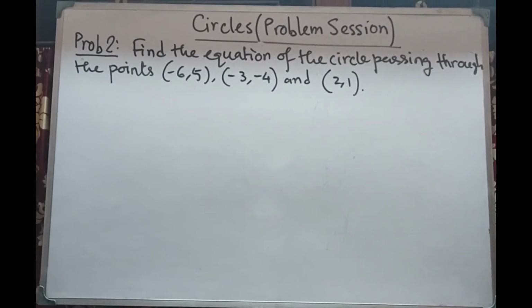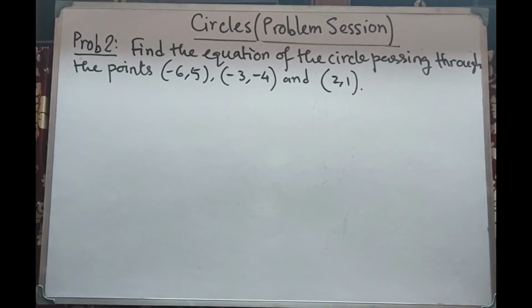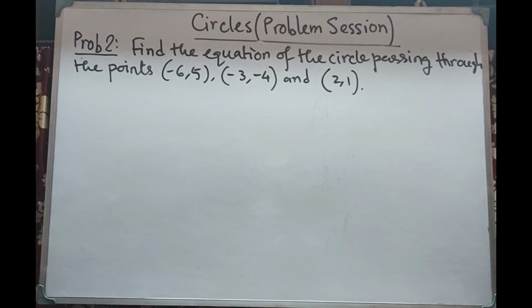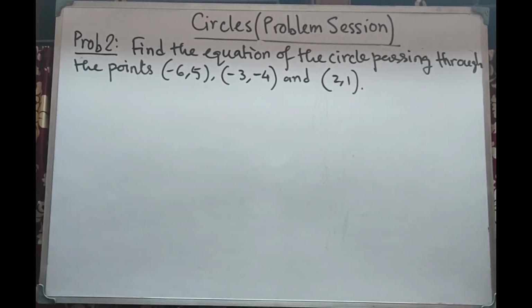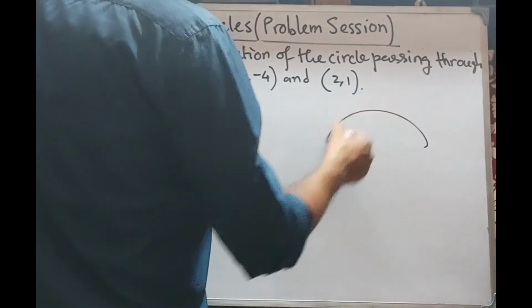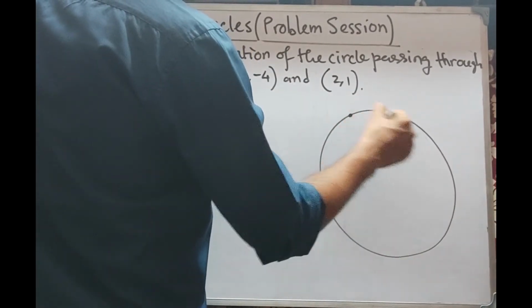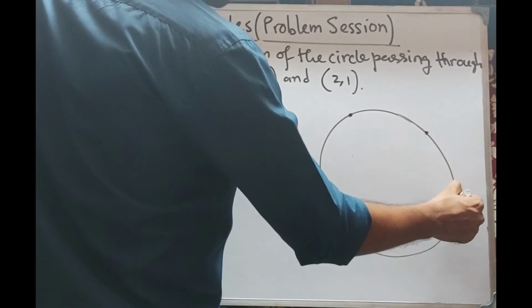Now this is our second problem. It says find the equation of the circle passing through the points this and this. So 3 points are there. Now remember this thing, we have already done it in class 10 geometry, that if you are having 3 non-collinear points, then they must be lying on a circle, because say I am taking this as a circle and you are having 3 non-collinear points anywhere.